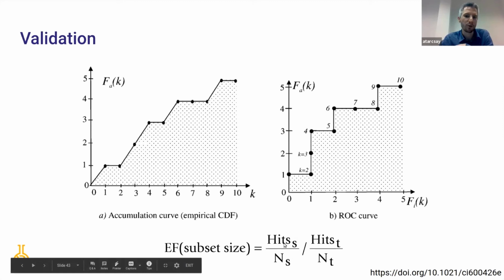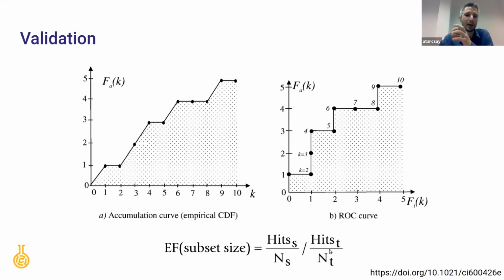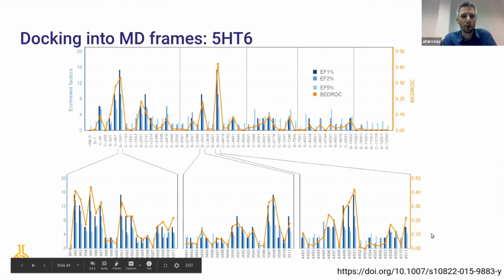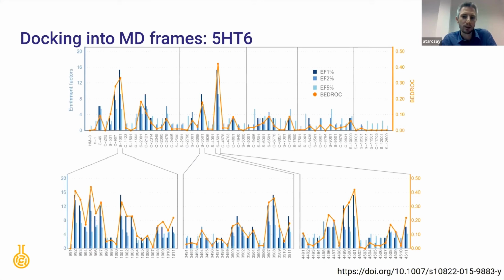You calculate the number of hits in the first 1% and divide it by the number of molecules in the 1%, and compare it with the baseline, so number of actives in the database divided by the total number of molecules. So you can see how much enrichment, how many times can you identify actives in the top compared to the baseline. And this is used to validate the docking before running the virtual screening campaigns.